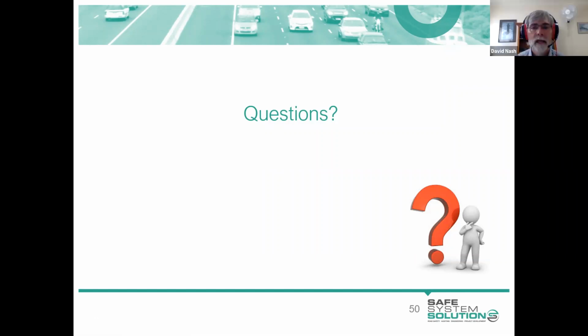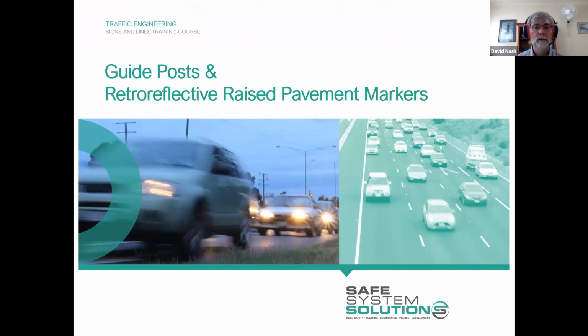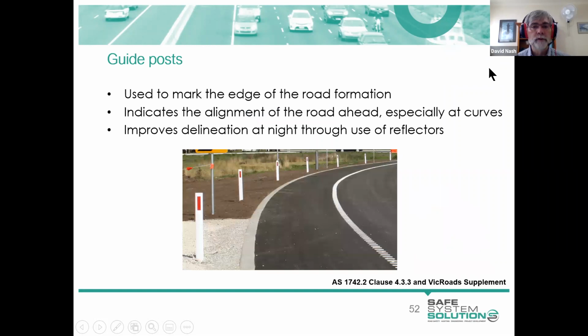In the meantime, I will continue on and talk about guideposts and RRPMs. So guideposts are used to mark the edge of the road formation and are very important in rural areas. They indicate the alignment of the road ahead, especially at curves, and improve delineation at night through the use of the reflectors that are put onto the guideposts.